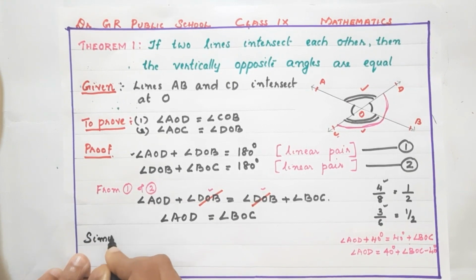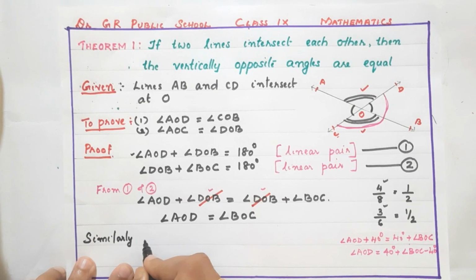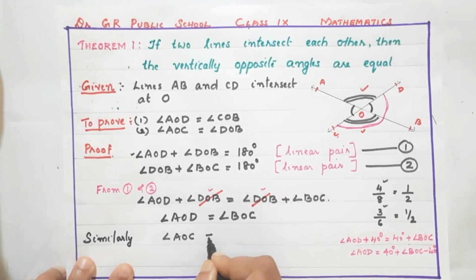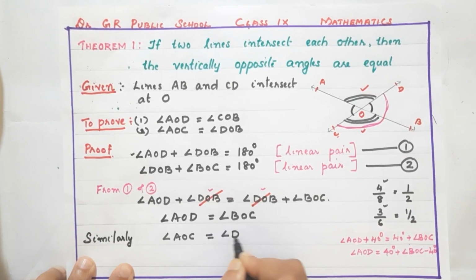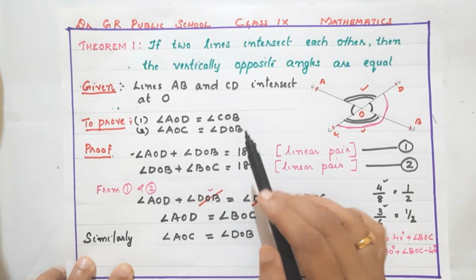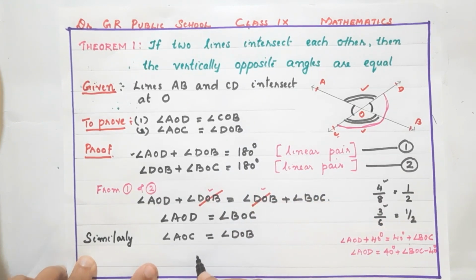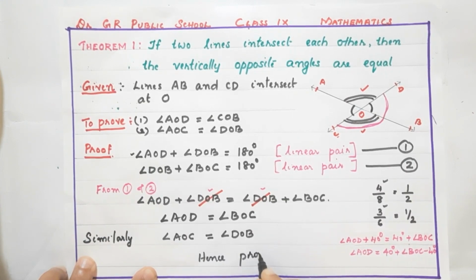Similarly, angle AOC is also equal to angle DOB. Okay, we proved both. So we can write hence proved. Okay. So we proved what we need.